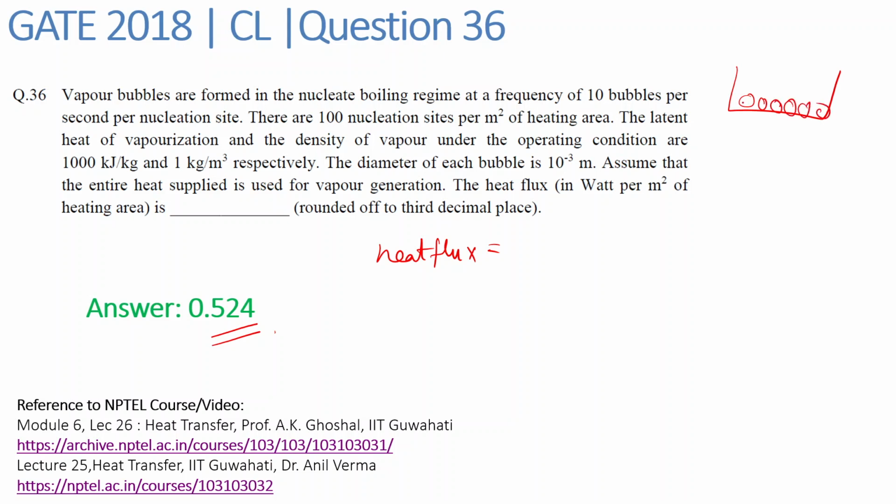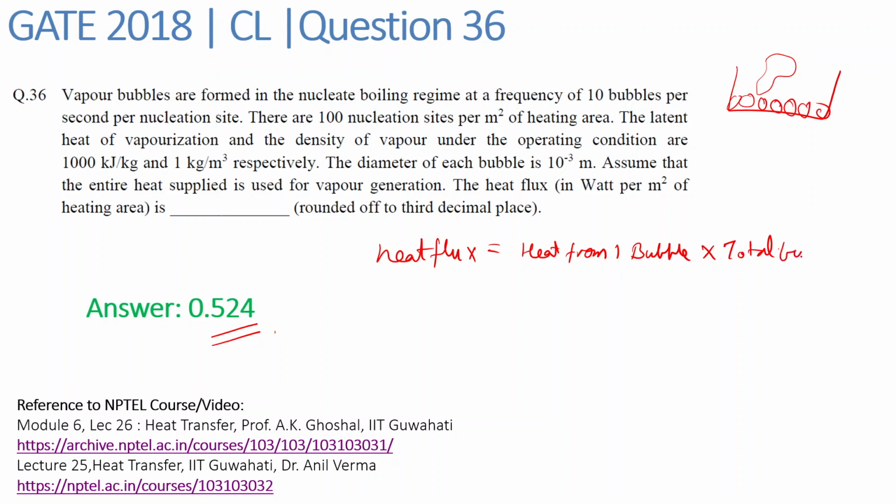These bubbles are formed as we are operating in the nucleation regime, or else there would be some other forms of bubbles. But since we are in nucleation regime and the bubble formation just started, we consider them as spherical. So the total heat flux will be what? The heat from one bubble into total number of bubbles.